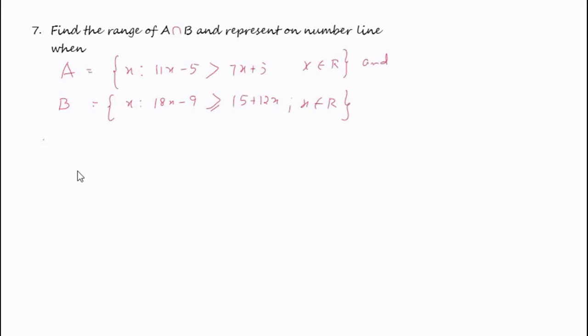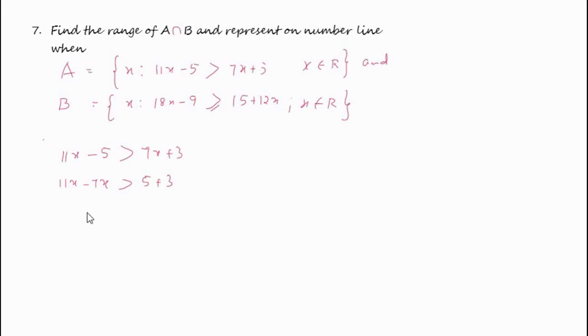Now first let us solve linear inequation A. It says 11x minus 5 greater than 7x plus 3. So I'll bring 7x to the left side. So 11x minus 7x is greater than 5 plus 3.